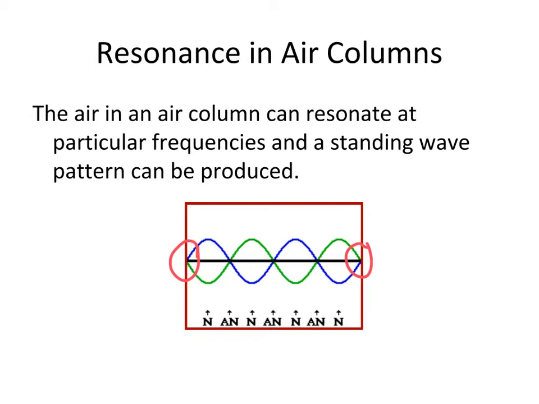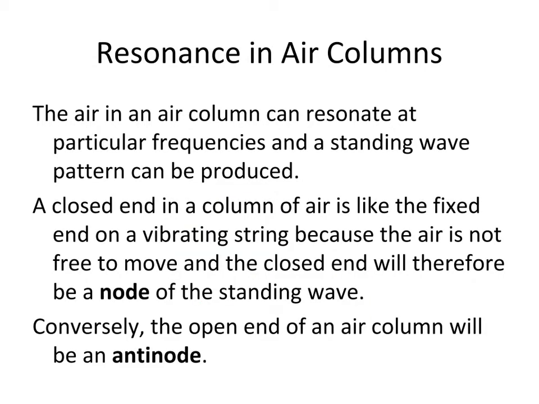With an open air column, we would have antinodes at either end, so it would look like this, because the air is able to vibrate back and forth at those open ends. A closed end in an air column would be like the fixed end of a string. So you'd have a node, but at the open end you have an antinode because the air is free to vibrate.